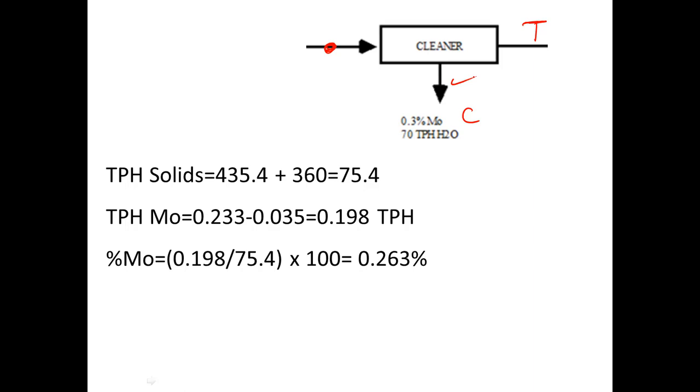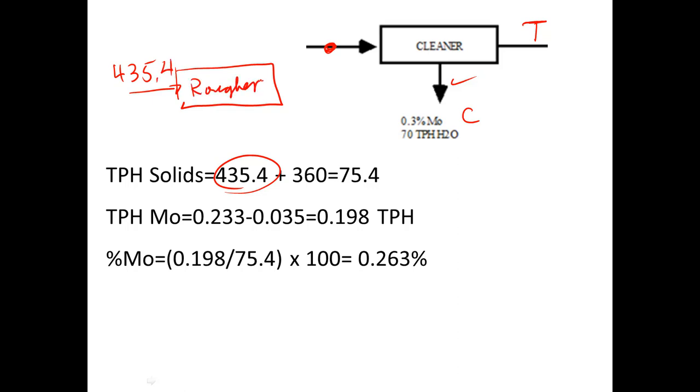The total solids here are represented by the feed in, and this is coming from our rougher cell, where we had 435.4 coming into the rougher previously, and 360 leaving the rougher and feeding into the cleaner.